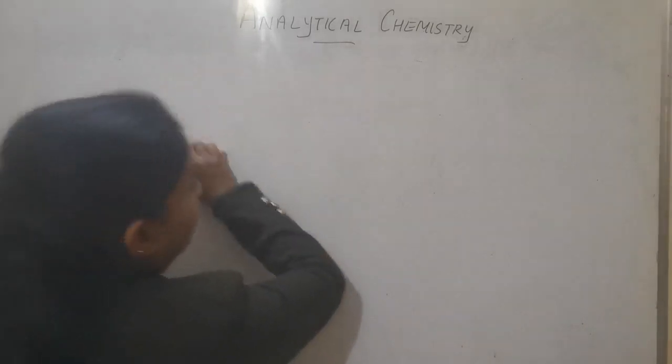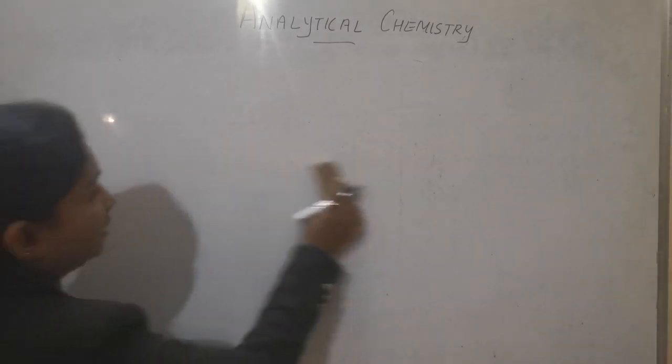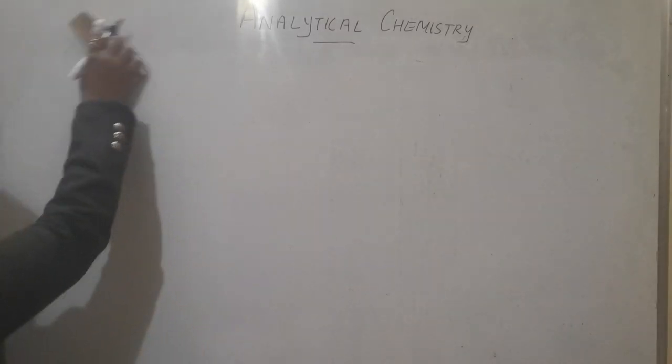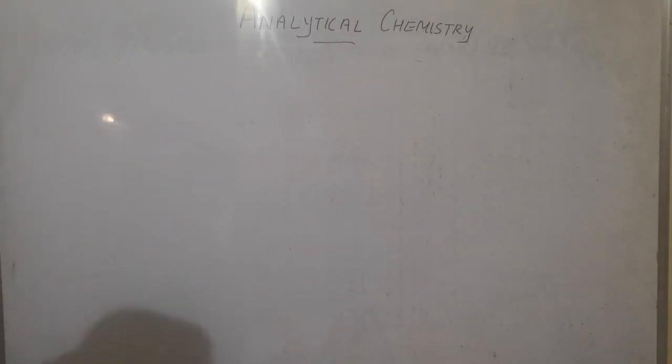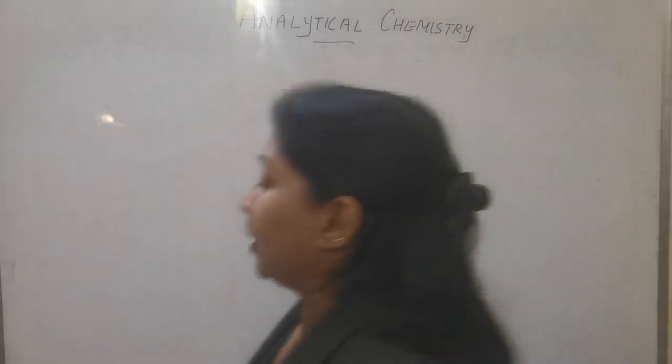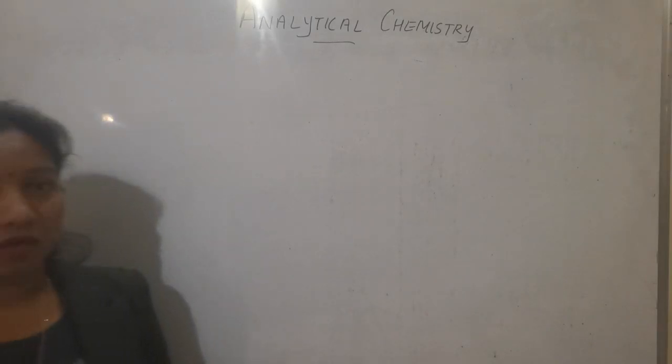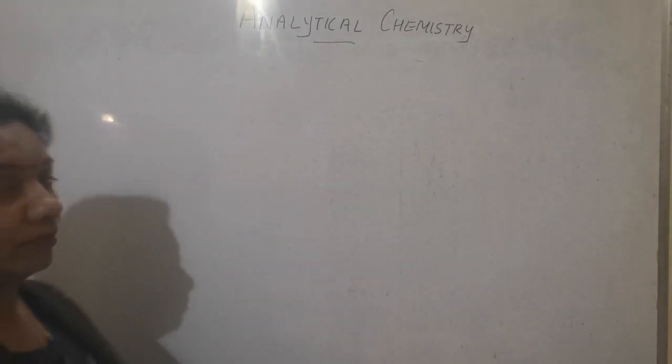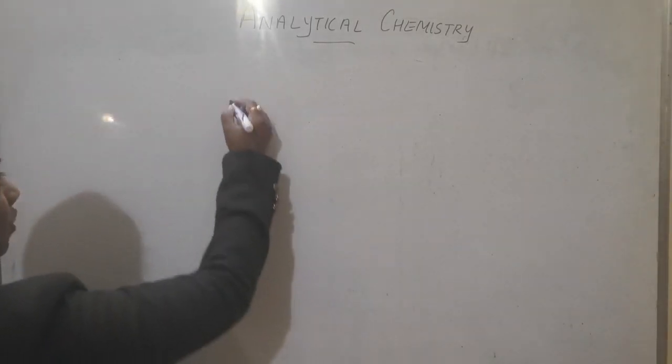So this qualitative analysis now we are going to discuss in detail, but for that we should know the color of certain metal cations. As we have completed acid, base and salts chapter, by now you all are familiar with salts.